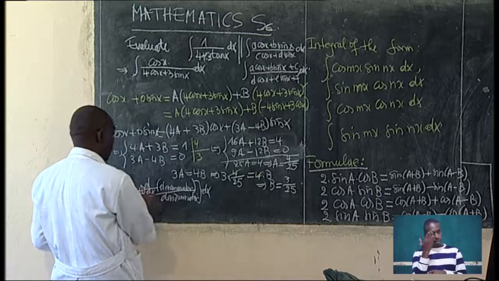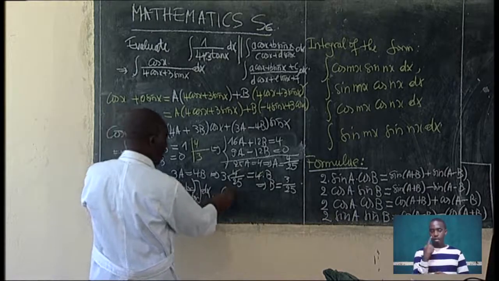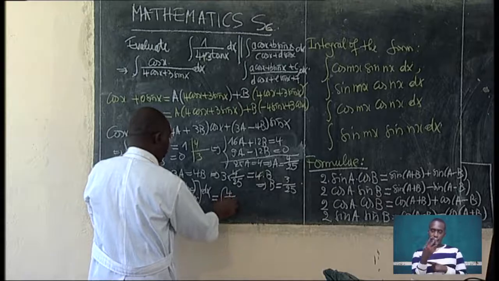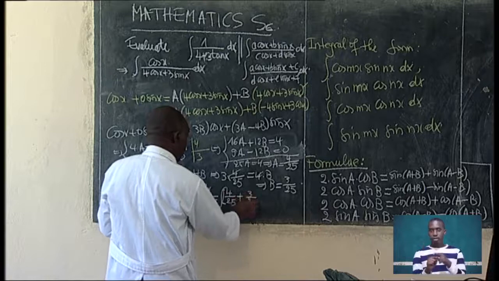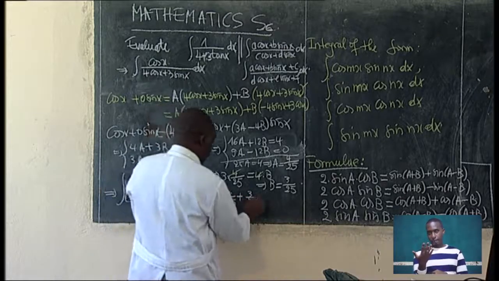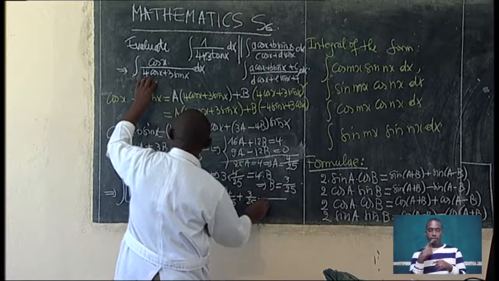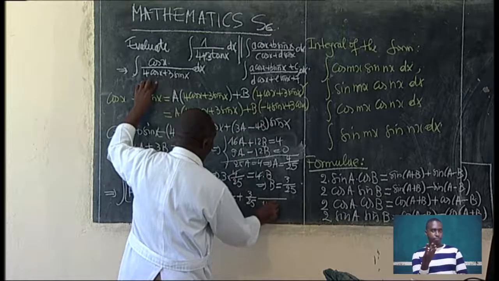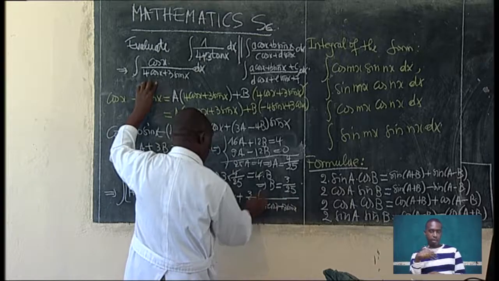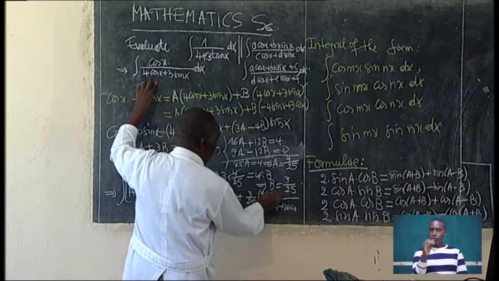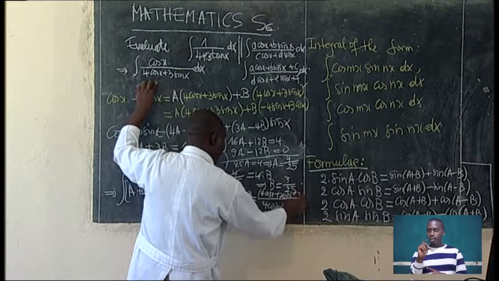I'll be having the integral of a, which is 4 divided by 25, plus 3 divided by 25 times the derivative of the denominator, 4 cos x plus 3 sin x, divided by 4 cos x plus 3 sin x, then dx.